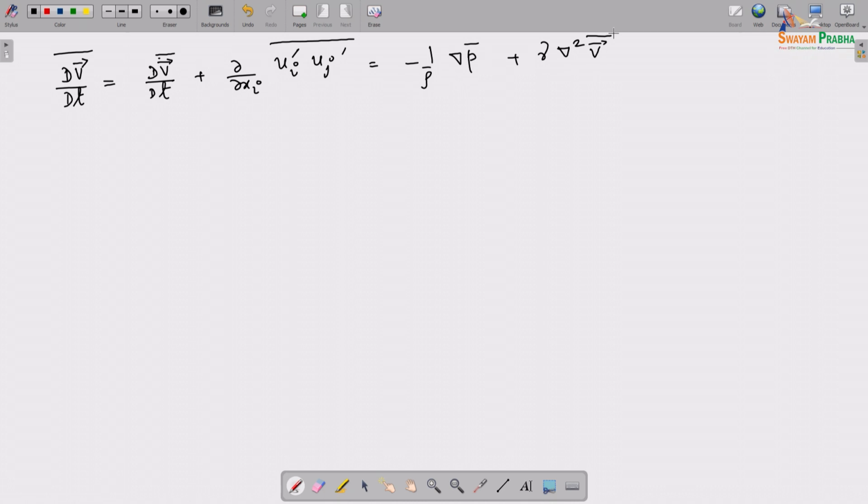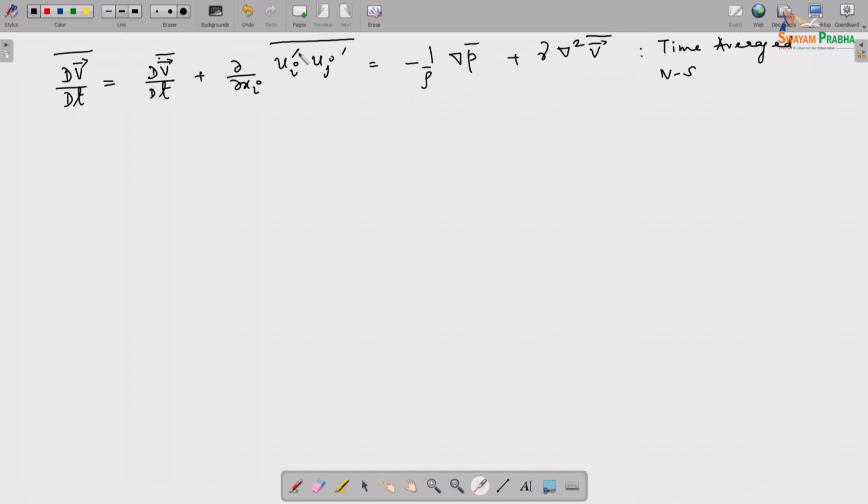Okay, so this is the equation that we developed last time, and this is nothing but the time averaged Navier-Stokes equation, right? The bars that we see here represent the time averaging.